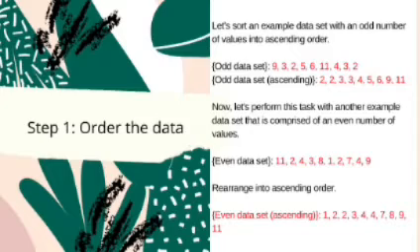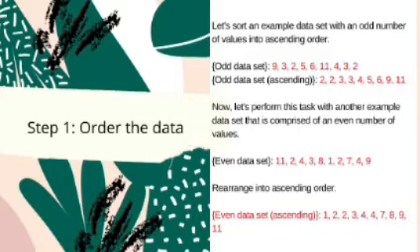Let's sort an example dataset with an odd number of values into ascending order. The dataset is 9, 3, 2, 5, 6, 11, 4, 3, and 2. The odd dataset in ascending order is 2, 2, 3, 3, 4, 5, 6, 9, and 11.